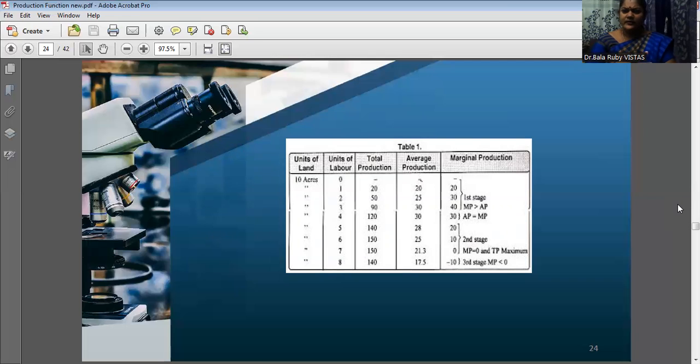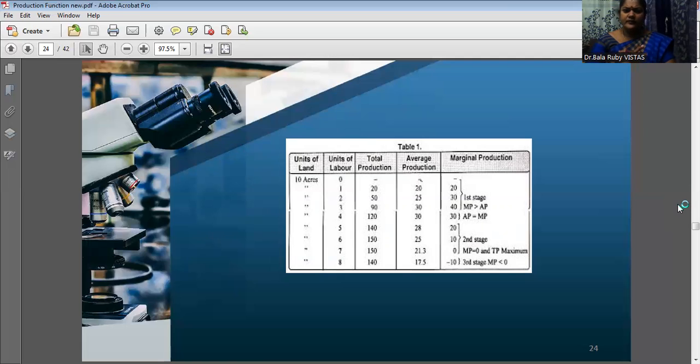Land is a fixed factor. So, for example, you have land of 10 acres. This 10 acres remains constant, so you continuously write 10 acres, 10 acres, 10 acres like that.